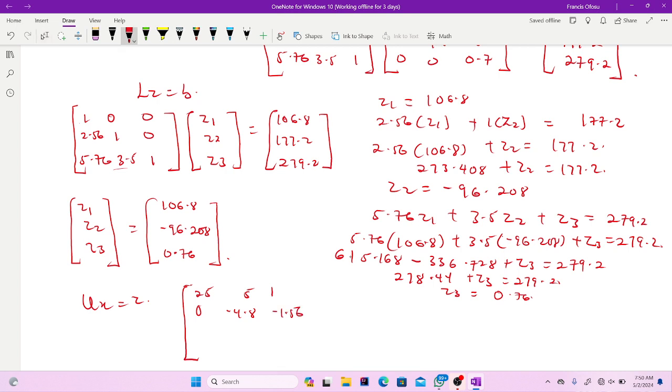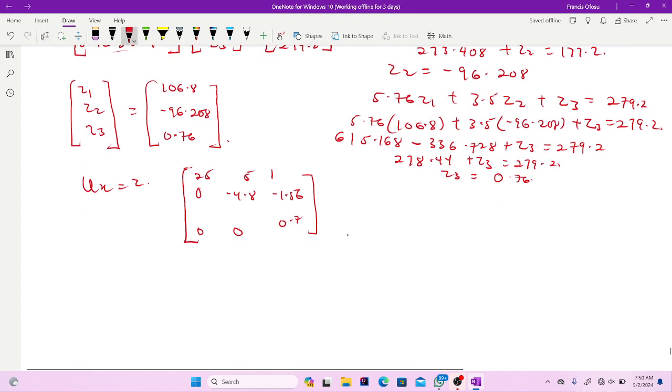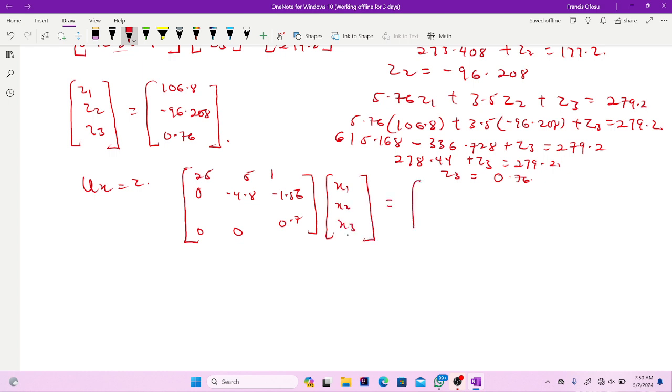Then the final part will be 0, 0, 0.7. Right, yes. So once I write this, the x part becomes my x1, x2, x3. So this is the actual x you want to find. Should be equal to the Z that we just found. 106.8, negative 96.208, then 0.76, right?